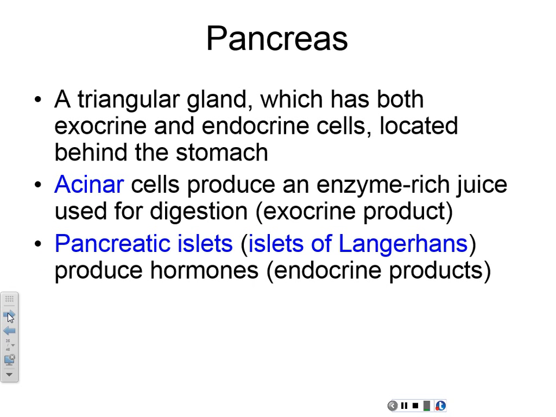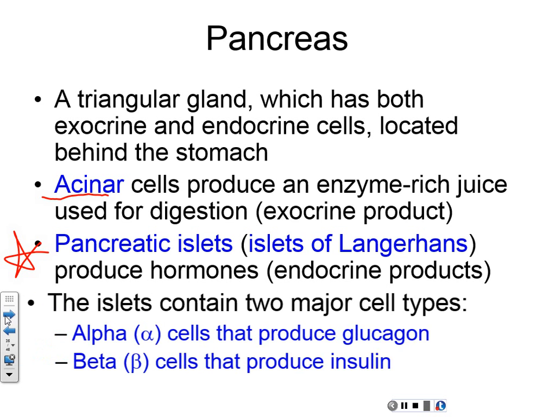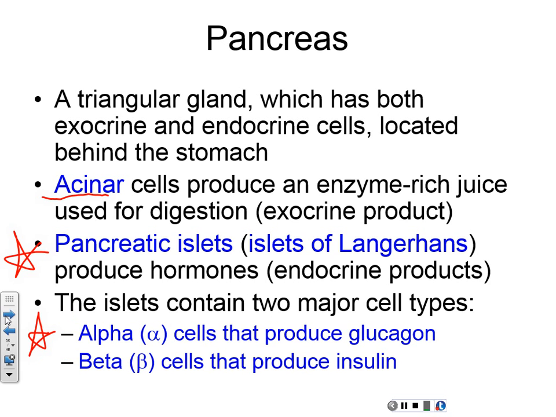Okay? So this is the part we're interested in. The acina cells produce the enzymes from the pancreas to do the digestive work. But the pancreatic islets, also called islets of Langerhans, are the ones that produce insulin from beta cells and glucagon from alpha cells. Okay? So that's that.